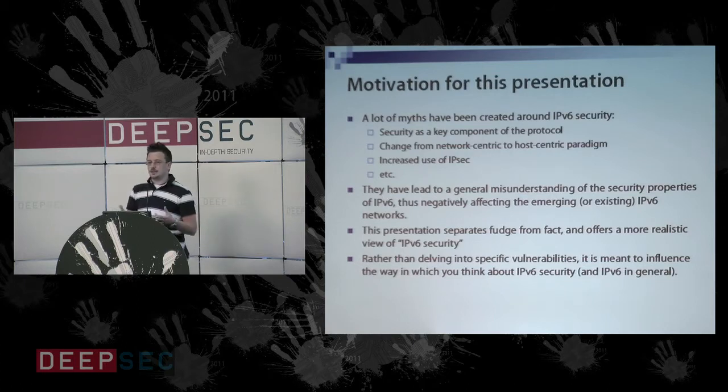And of course, because of the time constraints, I won't really get into specific vulnerabilities, but actually try to influence the way in which you think about IPv6 security and analyze at a high level some aspects of IPv6 security.